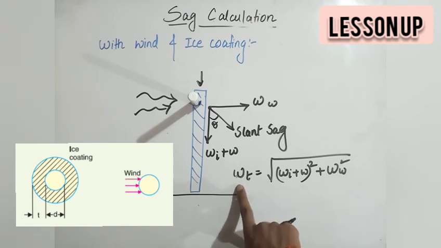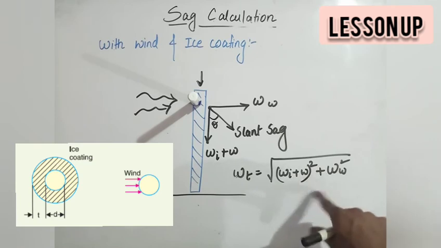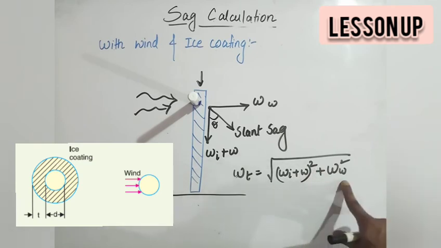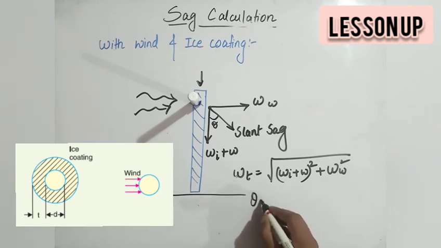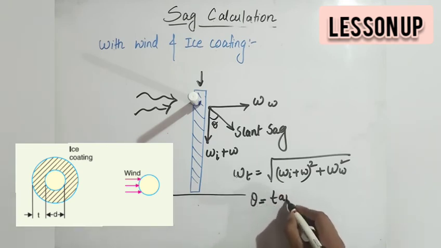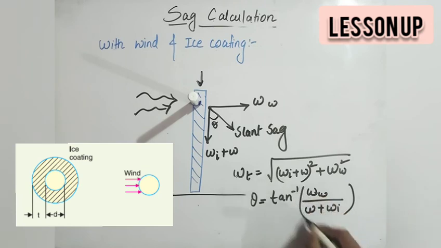The total weight of the conductor should be equal to the square root of (weight of ice plus weight of conductor) whole square plus (weight experienced due to wind) square. Now this angle theta should be equal to tan inverse of the weight experienced due to wind, divided by the weight of conductor plus weight of ice.